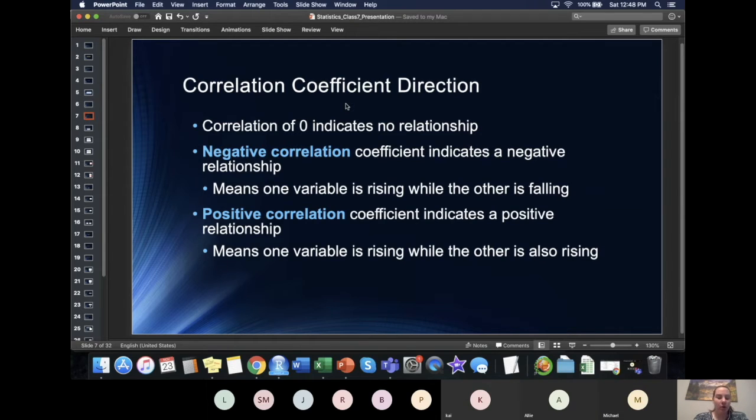A positive correlation indicates a positive relationship, which means that as one variable is rising, the other variable is also rising. That is the very basic idea, and we're going to go over how it's calculated and more about this. On this basic information, without getting into the formula, are there any questions?